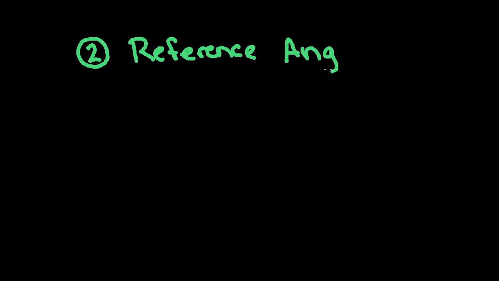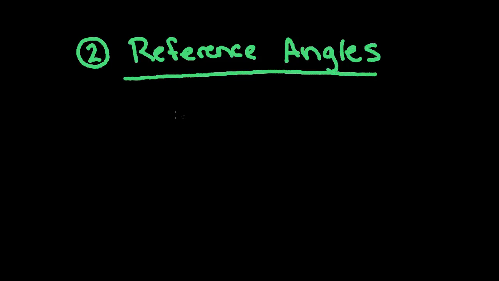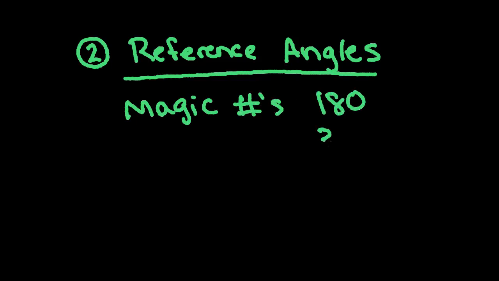Step 2 is making sure you know how to find your reference angles. And we won't go into detail on how to find those. That's another video if you need to look that up. But your magic numbers for finding reference angles are 180 and 360.